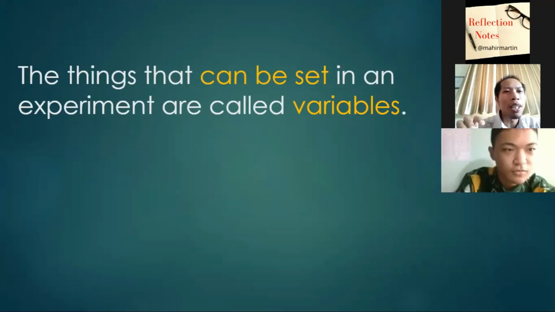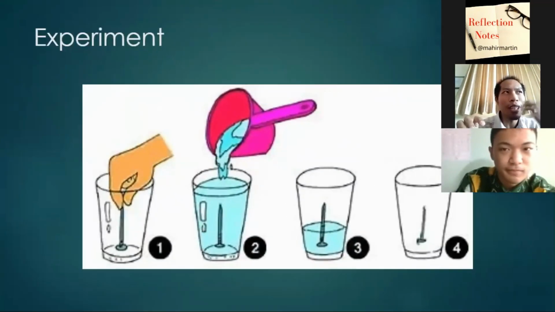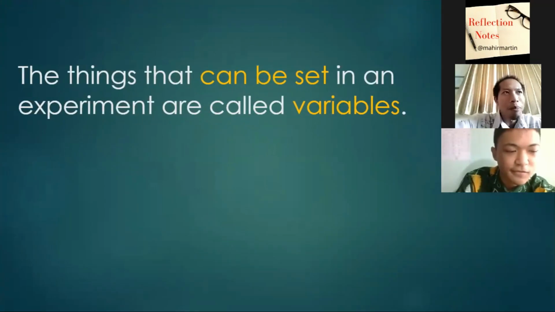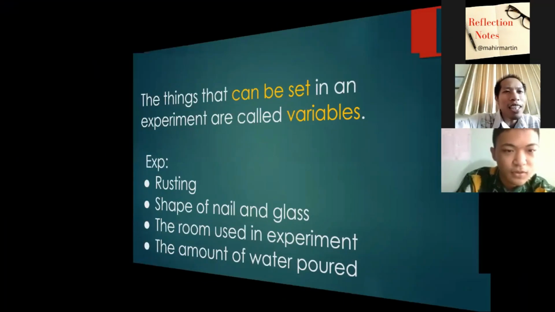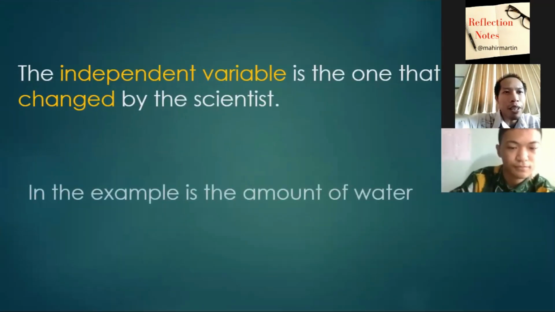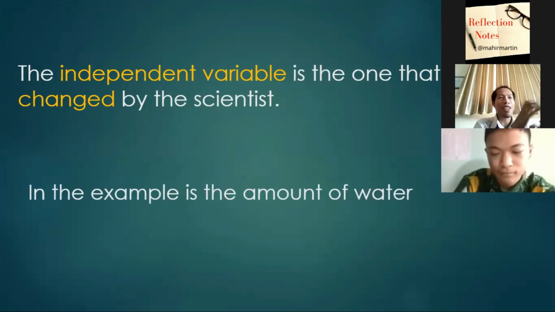In our example, what is the independent variable? The amount of water is the independent variable because you change it. In the first treatment, it is full of water. In the second treatment, half of water, and in the third treatment, no water. So the amount of water changes from one treatment to another, and that's why it is the independent variable.